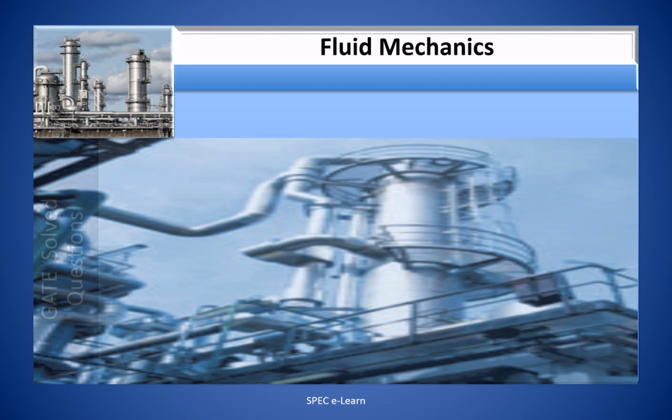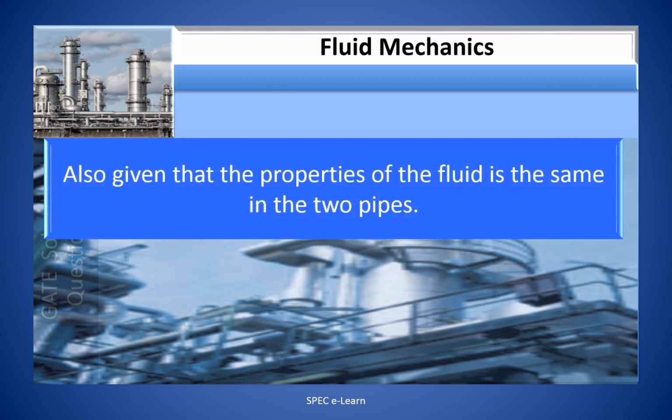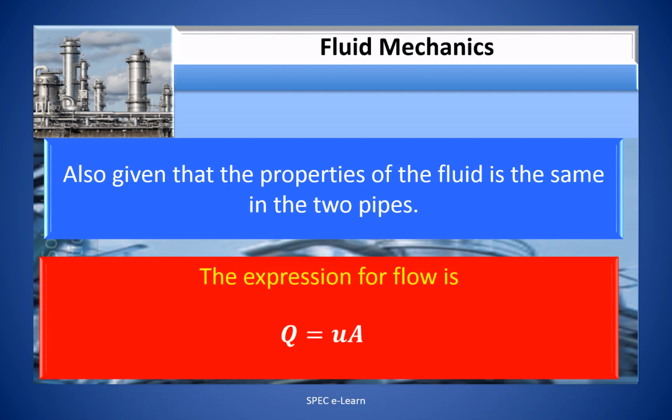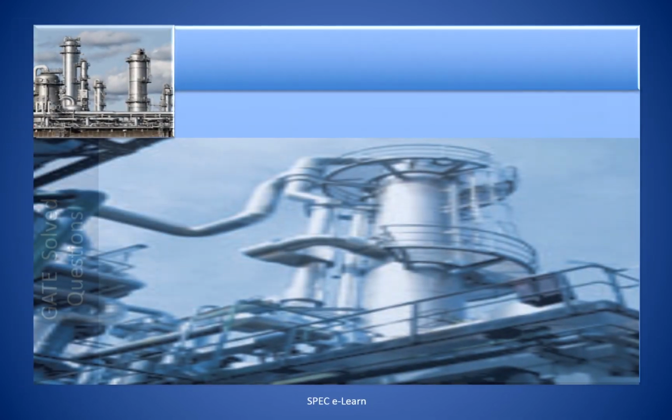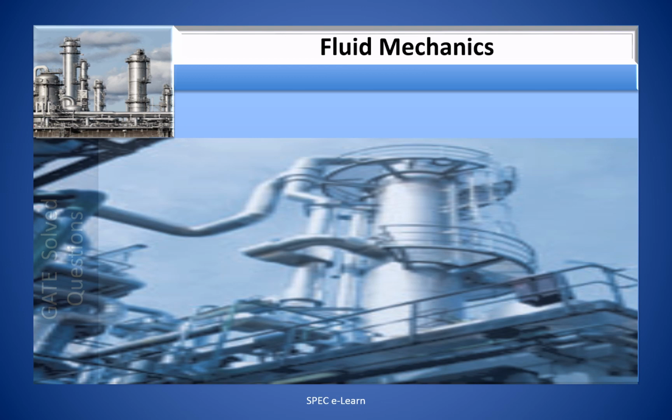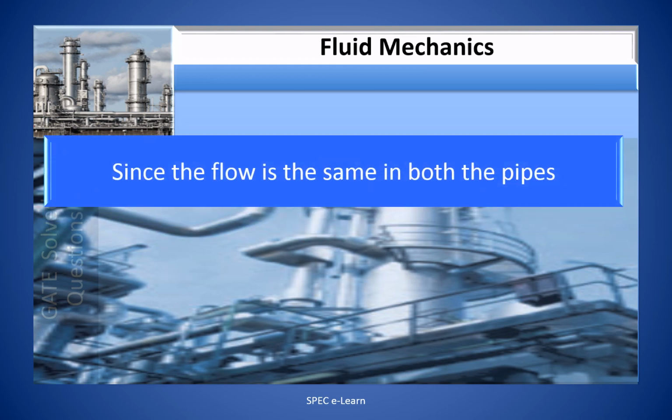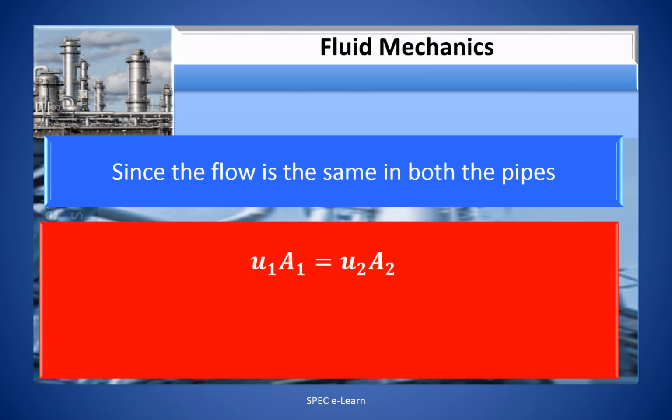Also given that the properties of the fluid is the same in the two pipes. So expression of the flow is q equal to u into a. Since the flow is same in both the pipes, u1 into a1 equal to u2 into a2.